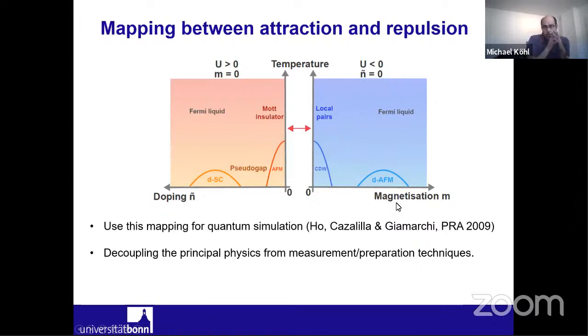So in other words, the spin imbalance rather than the doping. And we find always the corresponding phases. So the antiferromagnet maps to the charge density wave, the D-wave superconductor would map to the D-wave antiferromagnet, and so on and so forth. This was pointed out for the first time in 2009 by Thierry Giamarchi and co-workers. And they pointed at the fact that really you can observe the same phase essentially, either with repulsion or with attractive interactions.